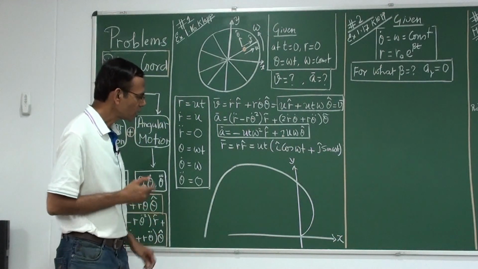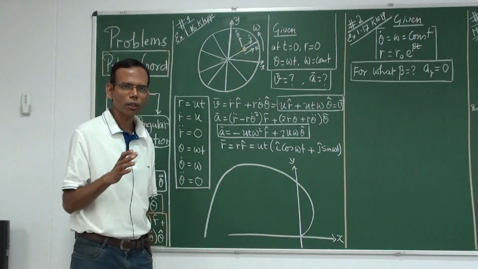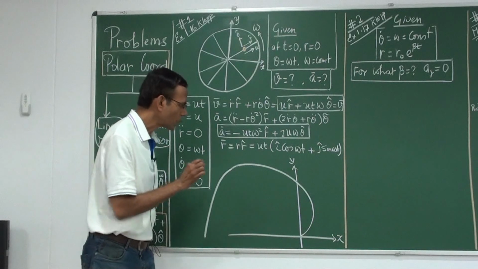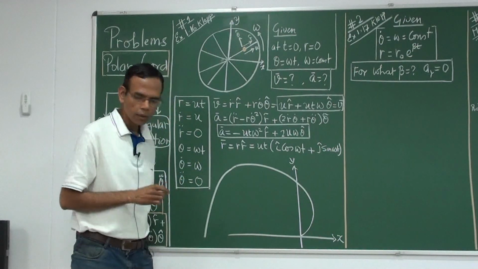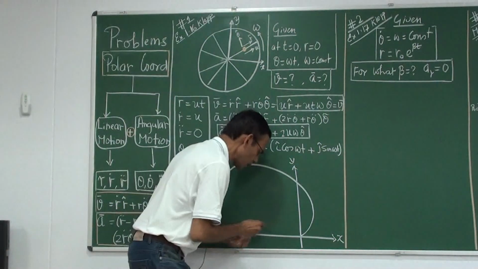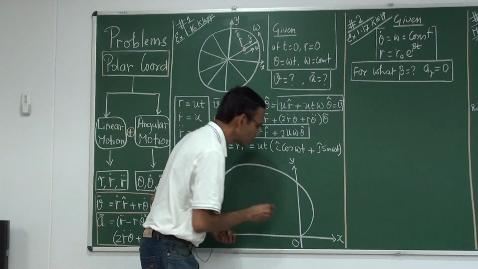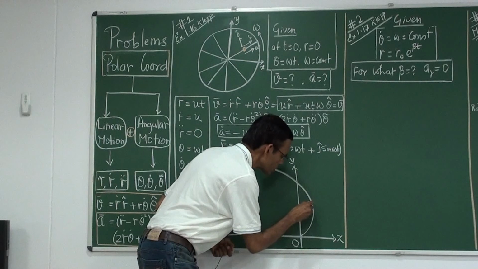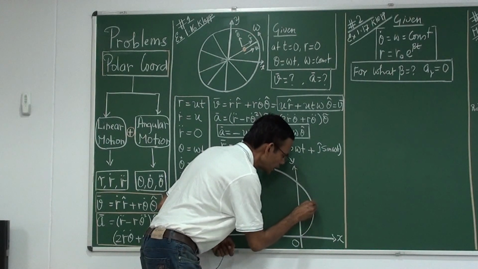Now here, if I want to know the velocity vector, let me draw that. This is my point of origin, and here I draw the velocity vector. Suppose this is my r cap direction, from O, any point I take.